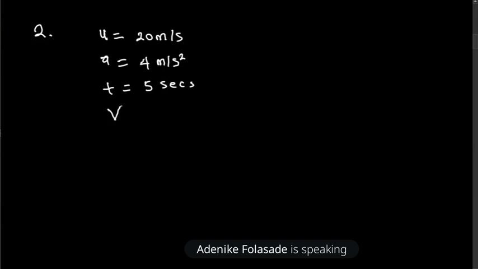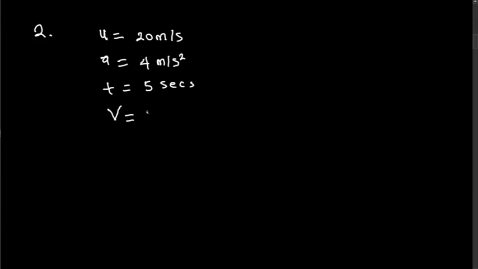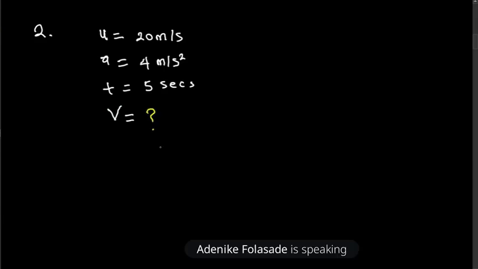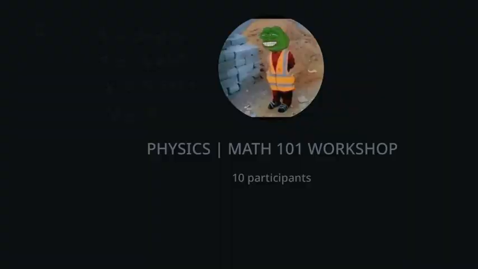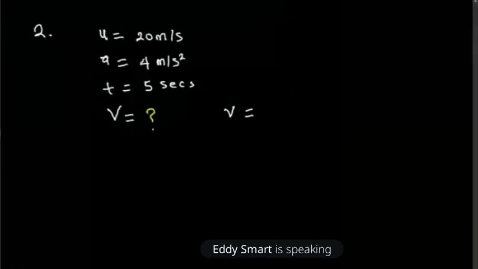So we're looking for V again. Can somebody tell me which equation of motion we can use to find V? The first equation of motion. The first equation of motion again.